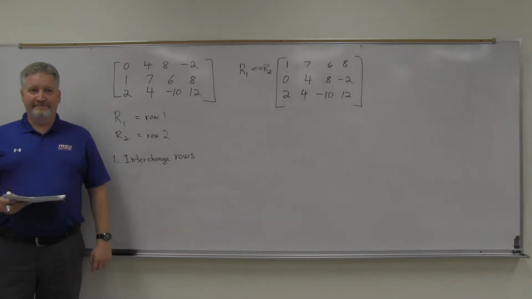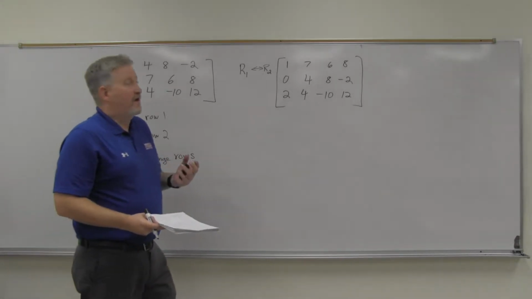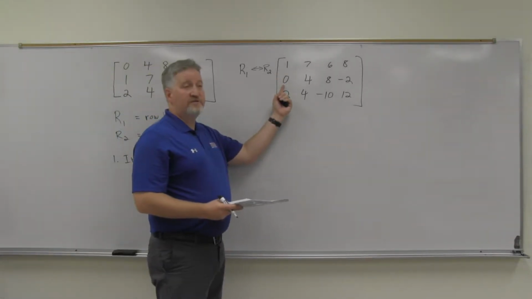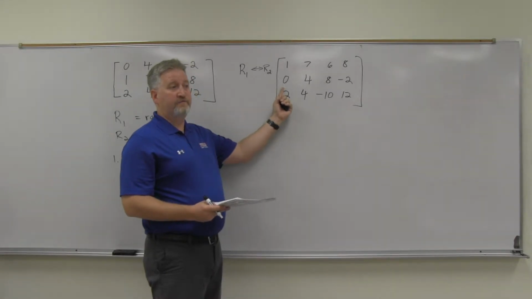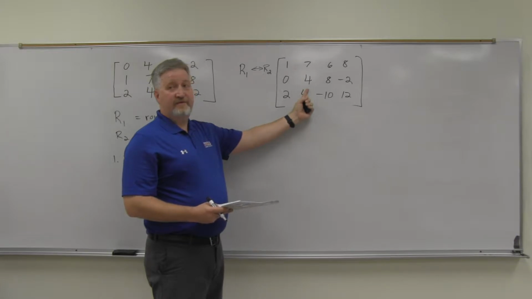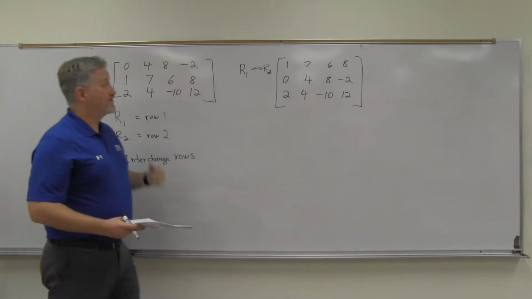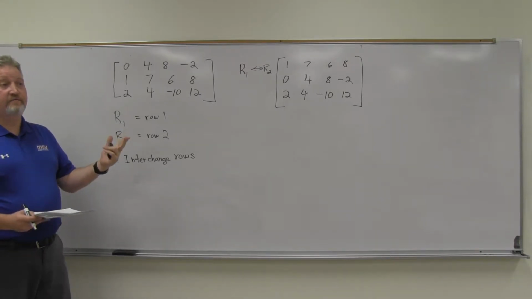All right, now, again, going for row echelon form. In row echelon form, row 2 is set up pretty nicely because it has a 0 here, right? That's what we want in row 2. But what do we want this to be? A 1. To make that a 1, I can divide by 4.